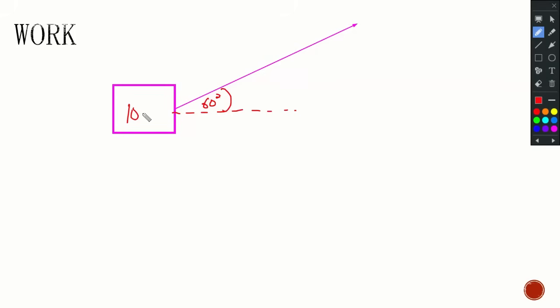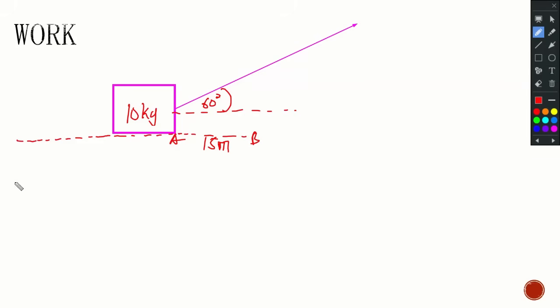This is a 10 kg block, and it's being pulled like that. In this direction from A to B, it covers 15 meters as it is pulled.